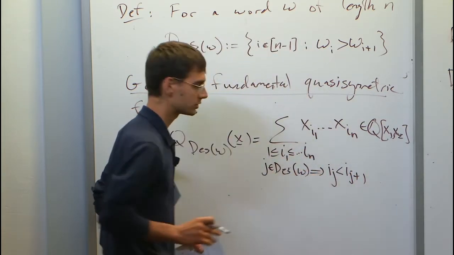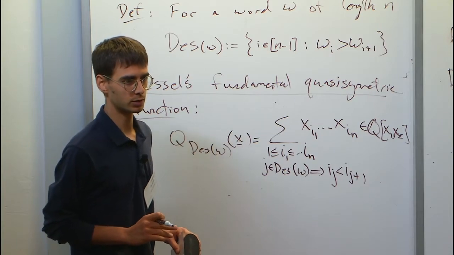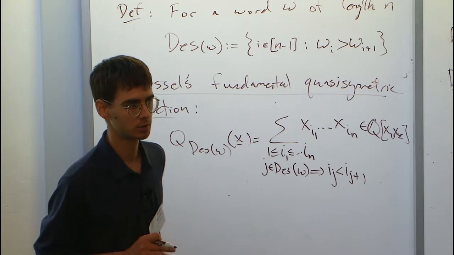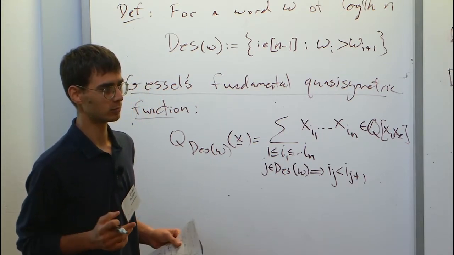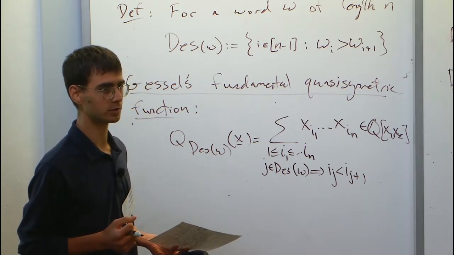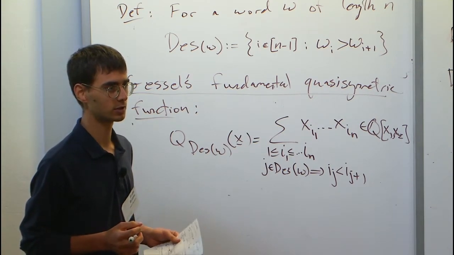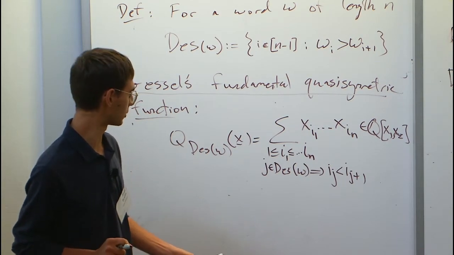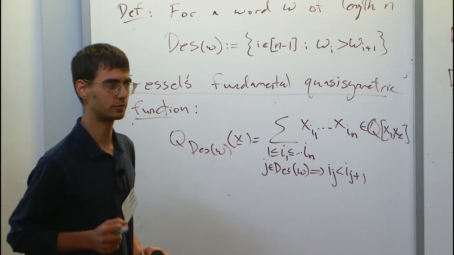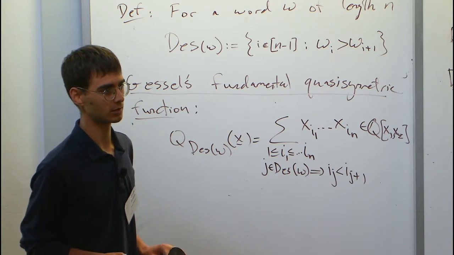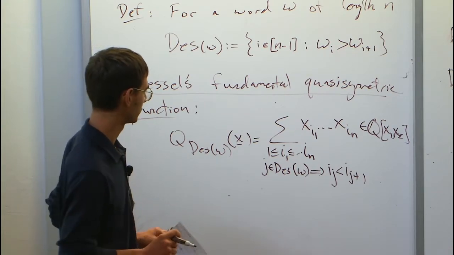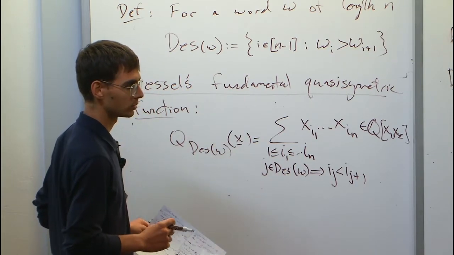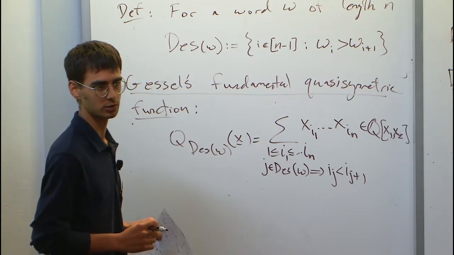So this is not a symmetric function in general, but it's a convenient building block for symmetric functions. If we want to write down a symmetric function, it's going to take us infinitely many monomials. But with quasi-symmetric functions, I only need finitely many to write down some interesting symmetric functions. We'll see more about why these are useful, but this is a standard tool in symmetric function theory.